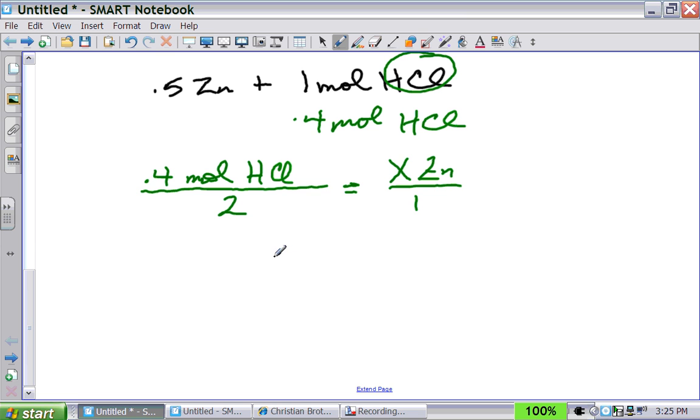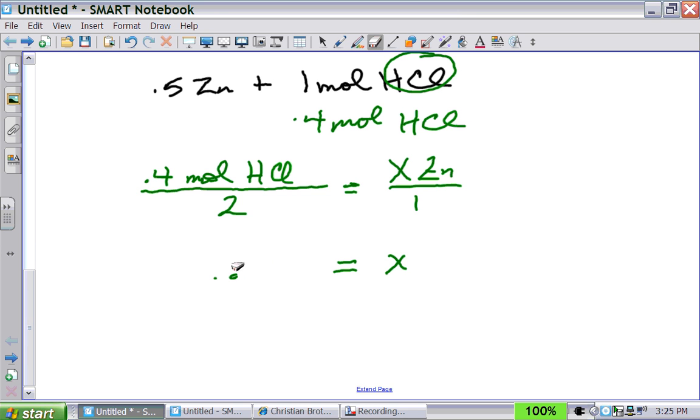Okay, so if we do the math, we have 0.2 moles equal to X. So what that tells us is that we are going to need 0.2 moles of zinc.